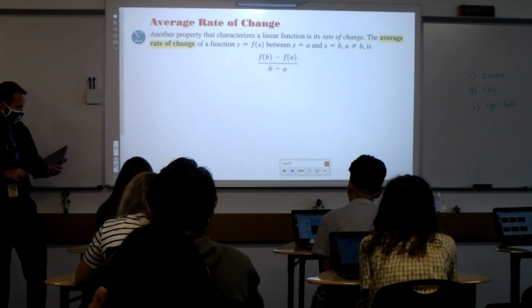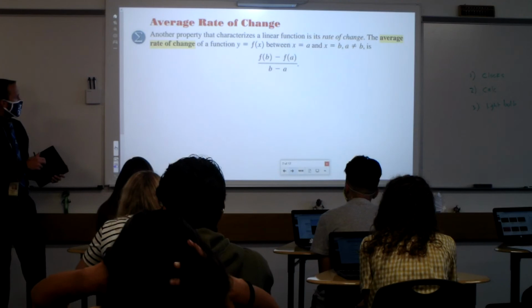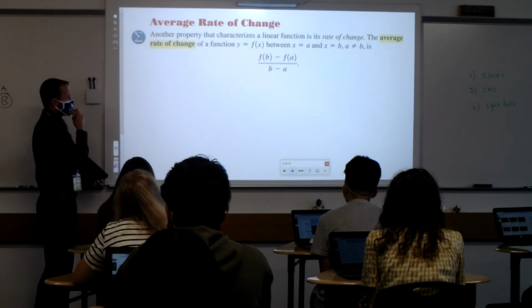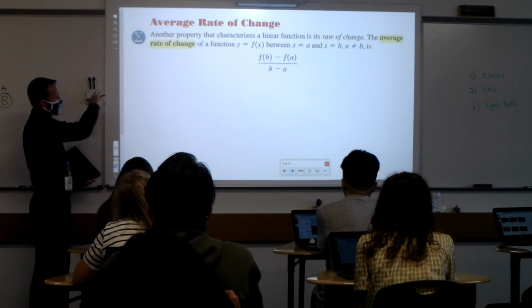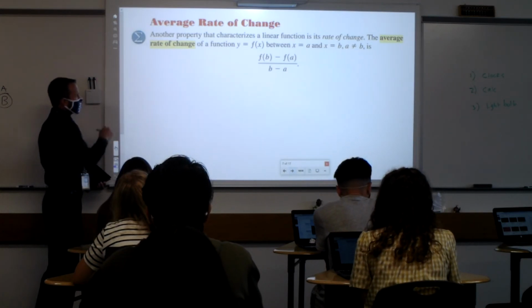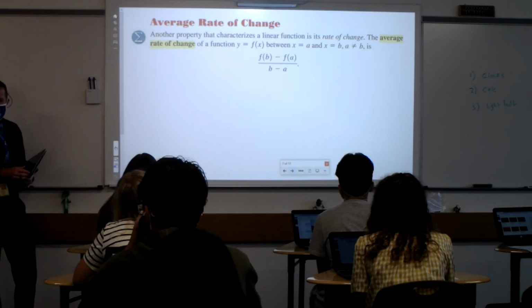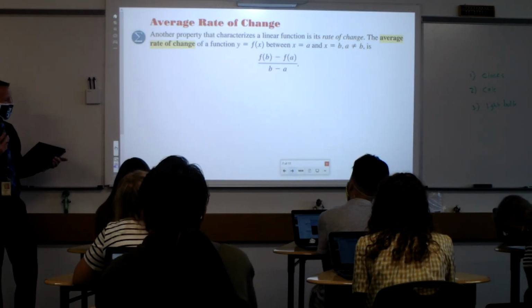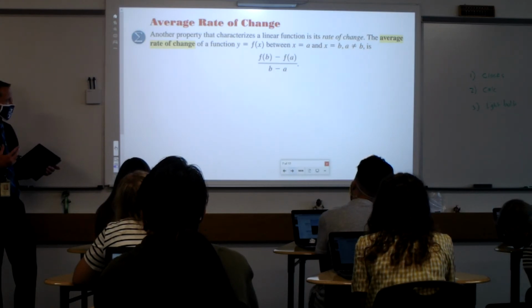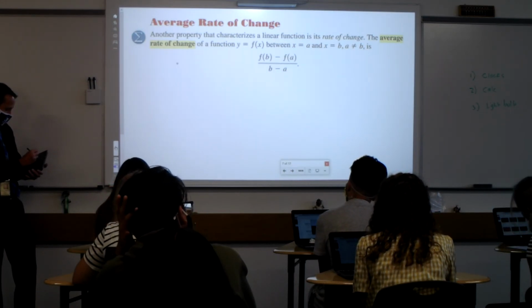So now, our formula for slope is just a fancy way of, okay, sorry, back up. This is your equation for the average rate of change. Have you ever heard that before? Average rate of change. It sounds pretty technical and really complicated, but it's just slope.